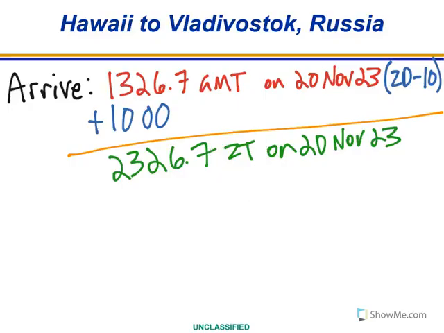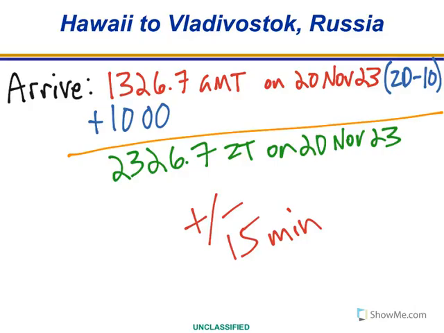Now when it comes to rounding, we recommend at SurfNav that you do not round until you get to the end. So you can call this 23:26.7 zone time. If you wanted to, you could round it to 23:27 zone time. That's up to you. Our tolerance is plus or minus 15 minutes. The reason we recommend not rounding until the end is there's quite a few steps in here.